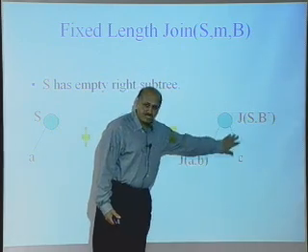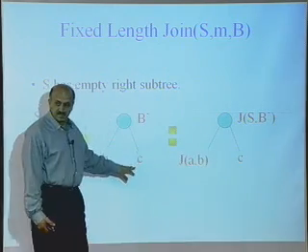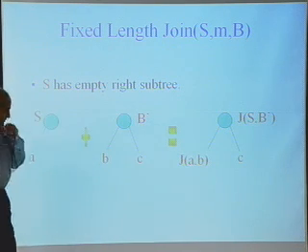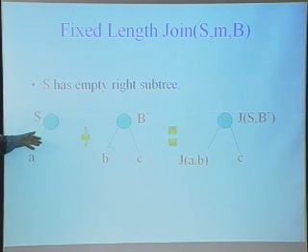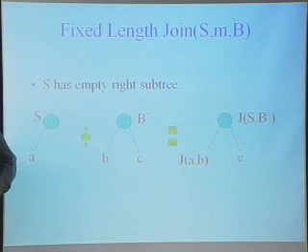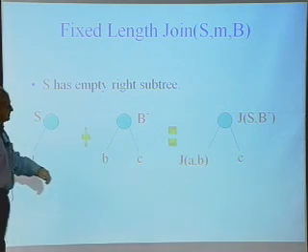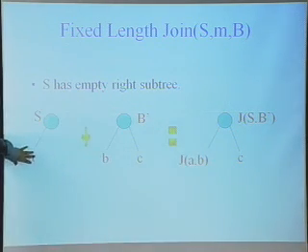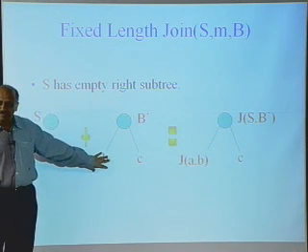The right subtree is going to be C. C has everything that begins with a 1. Nobody in B begins with a 1 and nobody in A begins with a 1. So C is going to be unchanged as a result of the join. And then what you're going to get down here would be the stuff that's here plus the stuff over there.